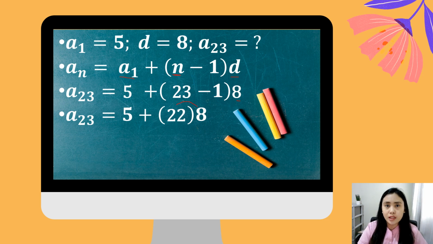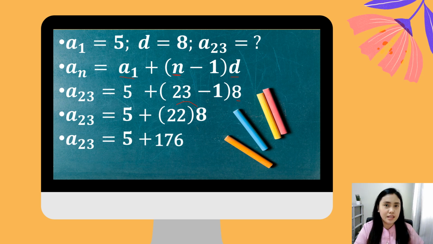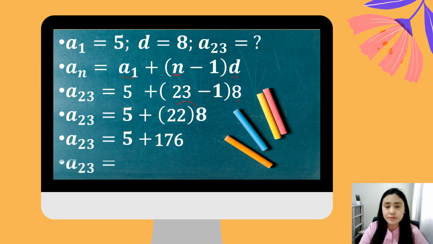Ano ba ang 22 times 8? 22 times 8 is equal to 176. And lastly, we will add 5 and 176. And the answer is 181. Sa makatuwid, the 23rd term is 181. That's the final answer.